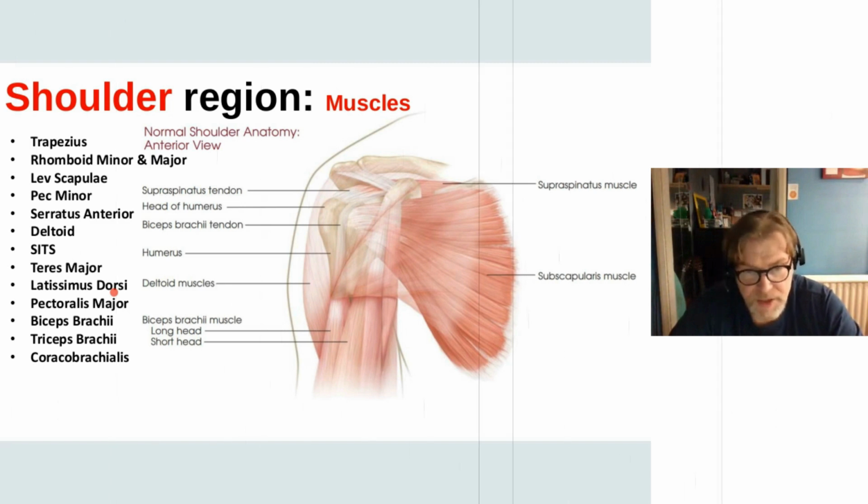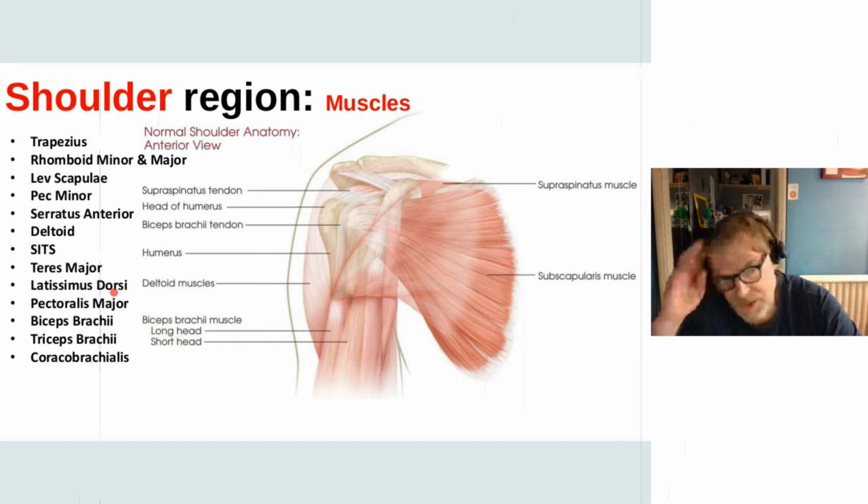Biceps brachii runs from the supraglenoid tubercle and the coracoid process down to the bicipital tuberosity on the radius. Its actions are that it flexes the shoulder, flexes the elbow, and supinates the forearm.